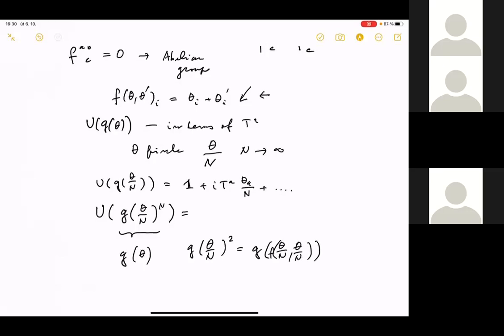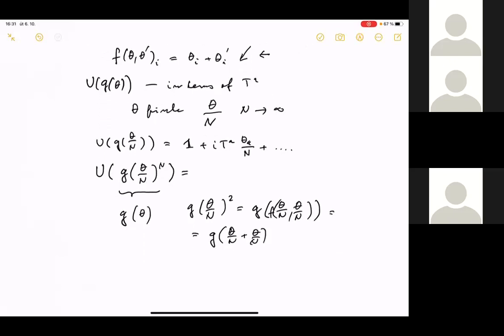According to this composition law, we get g of theta over n plus theta over n, and we can iterate this to get that g(theta) can be written as g(theta over n) to the nth power.